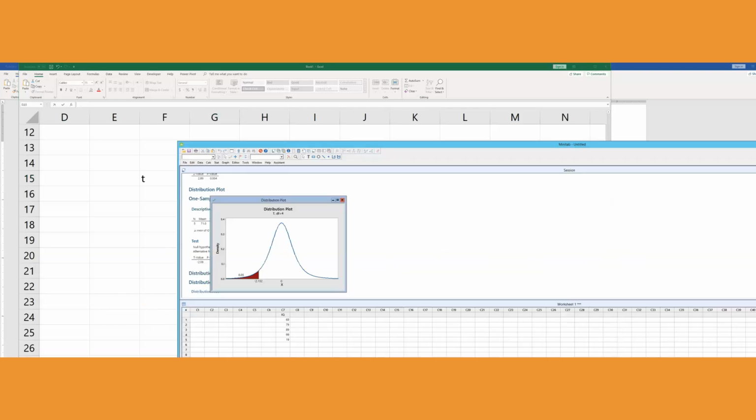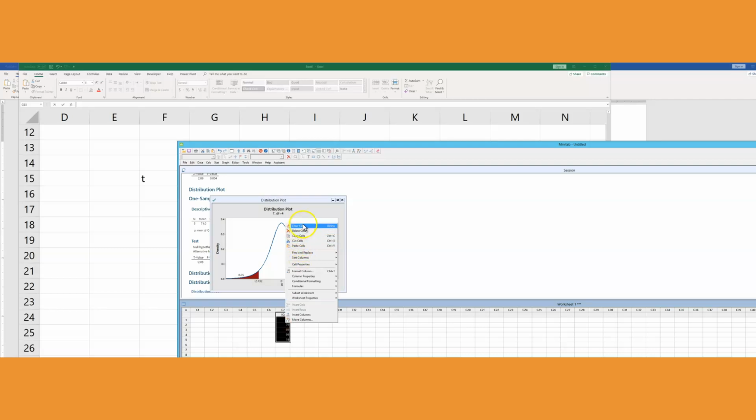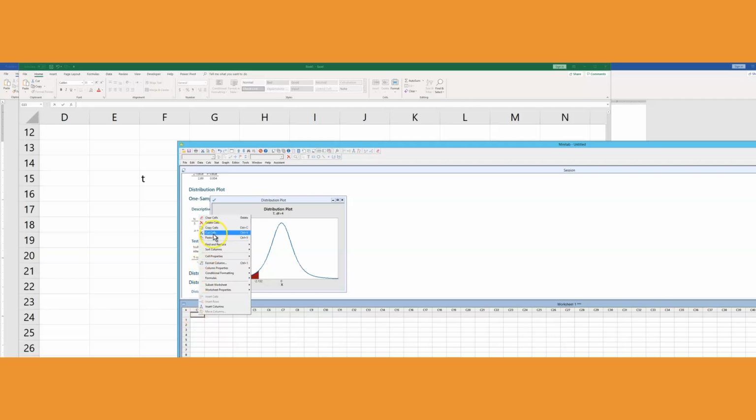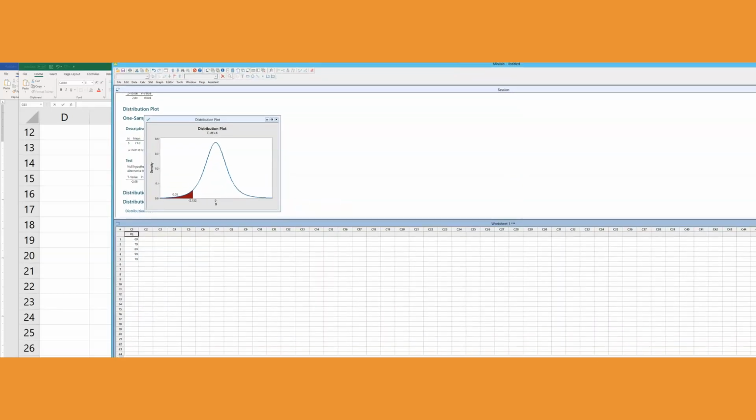So let's go back to Minitab, and I see here I did actually enter the data. I'm going to cut this data and put it into cell 1, and I'm going to paste it. Since this is a little bit more, we could do it manually very easily.